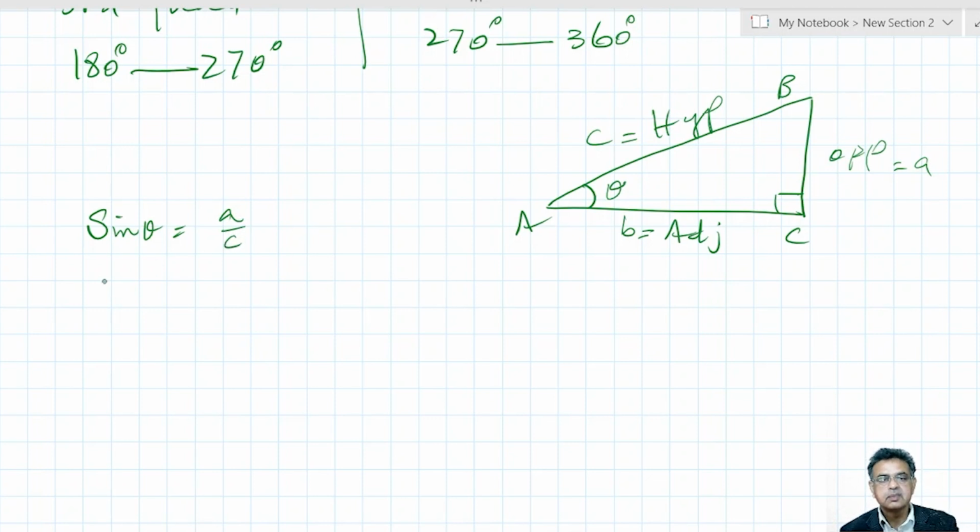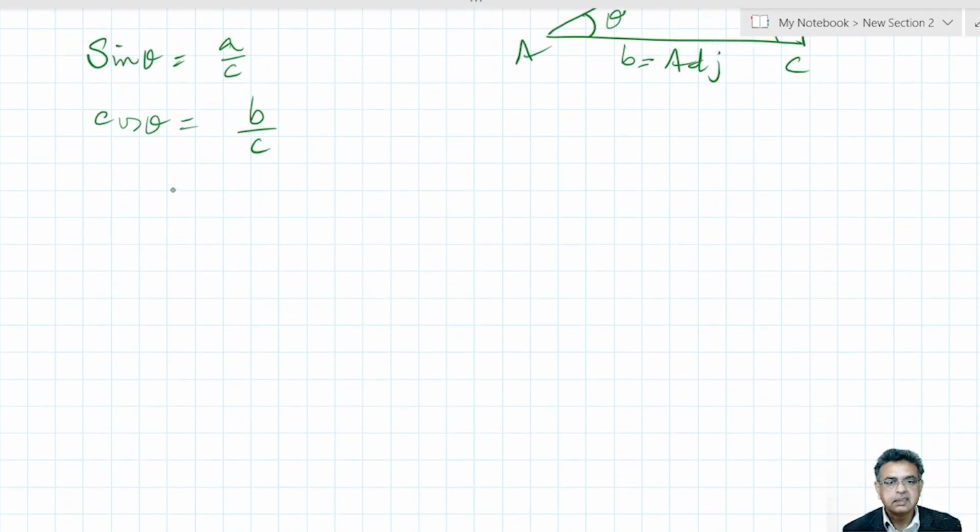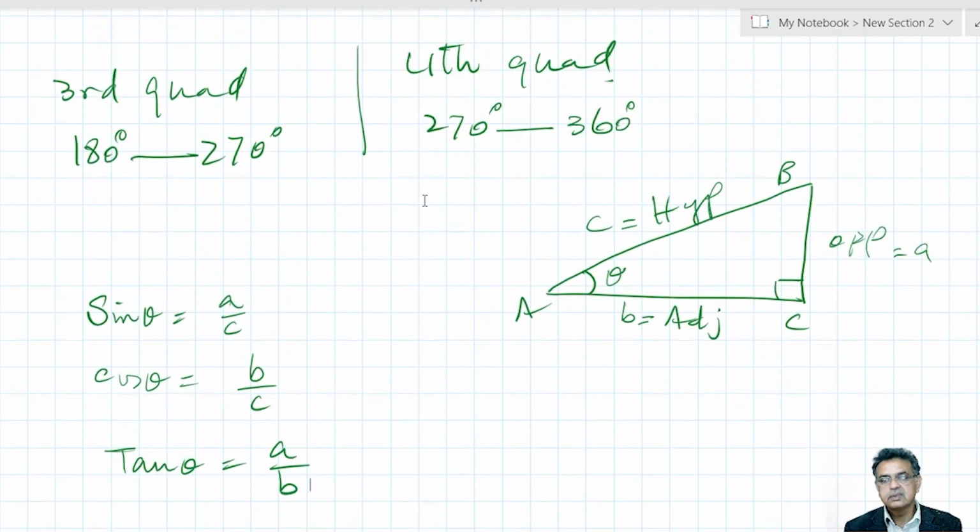Sine theta is A upon C, cos theta is B upon C, and tangent theta is A upon B. We have done all these in detail. If you have any problem, you can go back to the video about the introduction to trigonometry. You can find the detail of this concept.